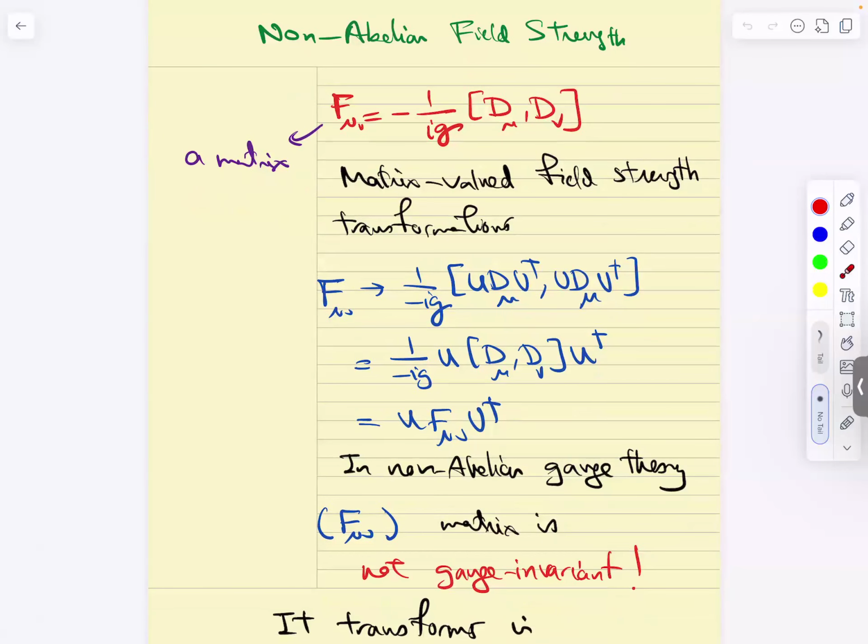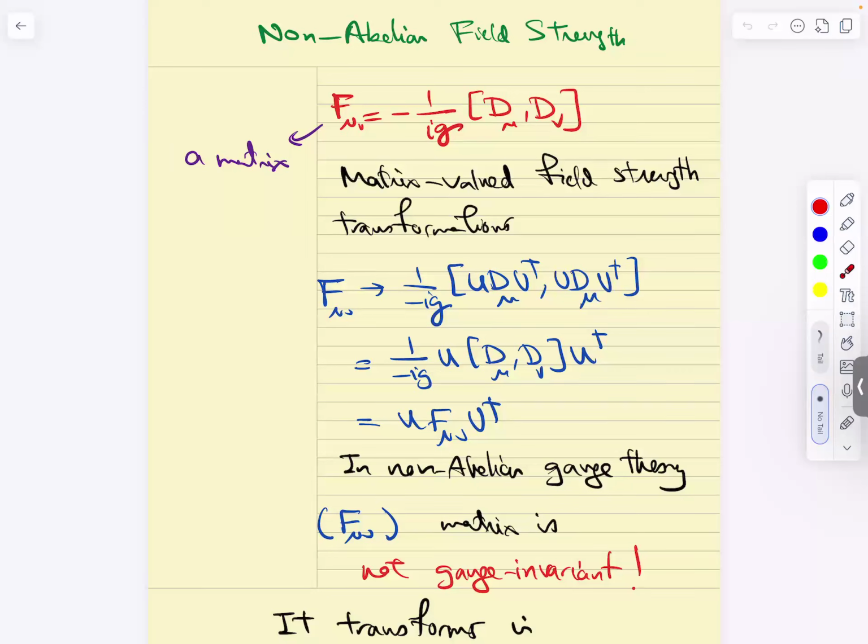All right. Now, let's try to define the non-abelian field strength the same way. So it's minus 1 over ig, where g is the coupling of the non-abelian gauge theory, times the commutator of the covariant derivatives, which are now matrices, right? An important thing to keep in mind is that F mu nu is now a matrix valued field strength.